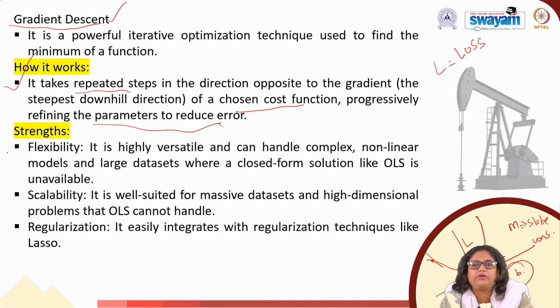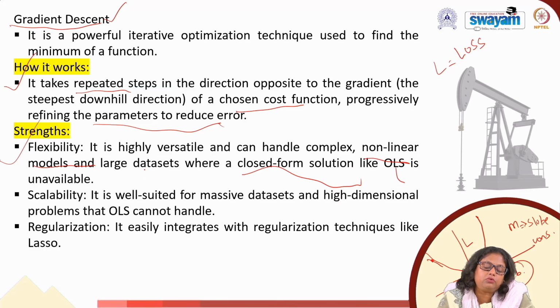If we talk about the strength, flexibility: it is highly versatile and can handle complex non-linear models and large data sets, where a closed form solution like OLS, that is ordinary least squares, is unavailable.